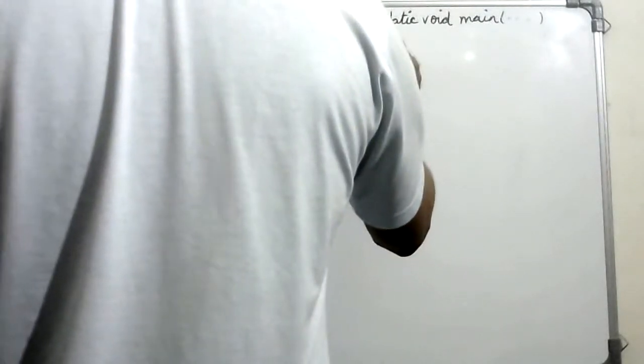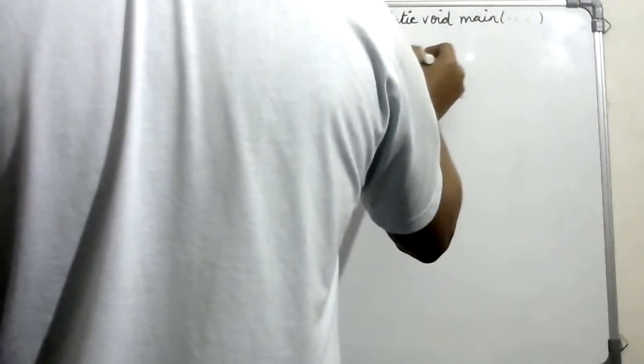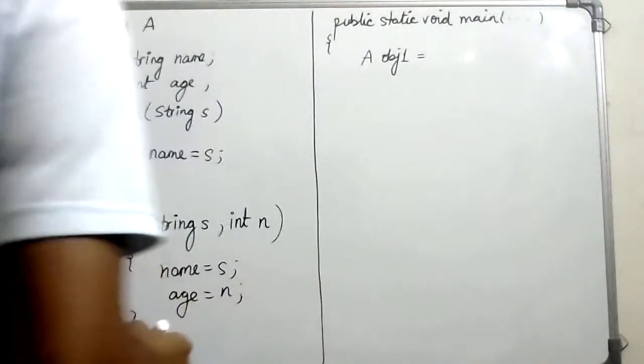Inside the main function, let's say we are creating objects. First object is called obj1.